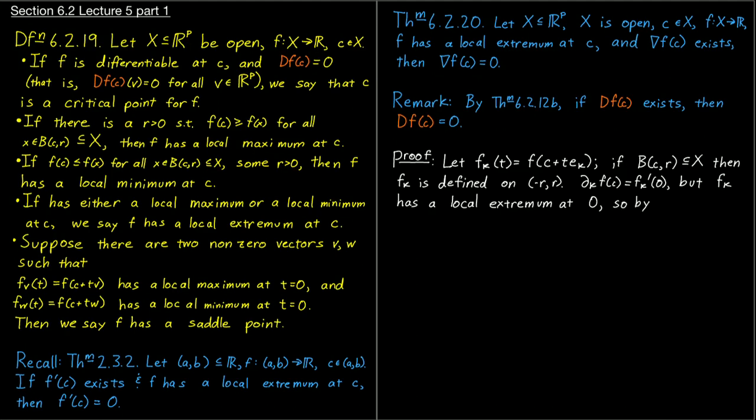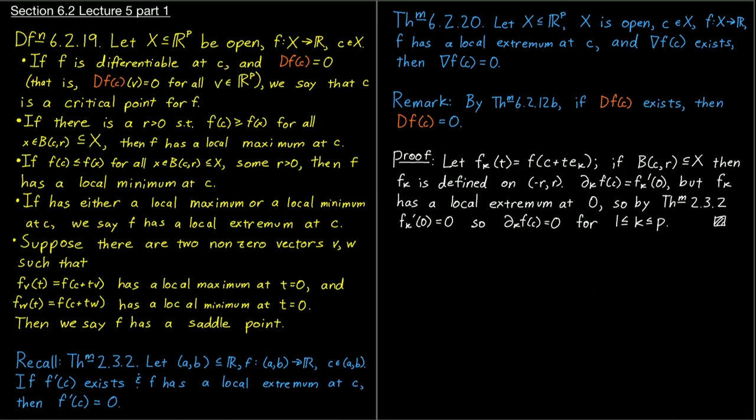So by the theorem we mentioned above, f_k prime of 0 is 0, so partial k f of C equals 0 for all k between 1 and p.